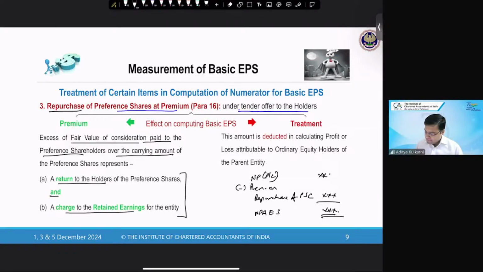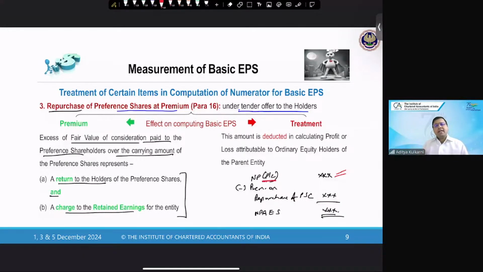See, when I calculate my net profit, what will be my starting point? P&L. Is this okay? My starting point will be the P&L. Now, when I'm paying the premium to my preference shareholders, will that premium go to the P&L or will it end up sitting in the retained earnings or other equity?